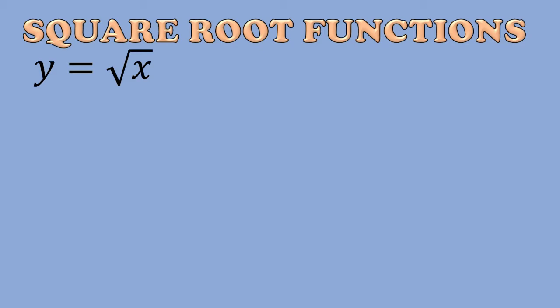Before we graph this function, it's very important to find its domain. The domain of this function is all values greater than or equal to 0, because the square root of a negative number is not defined in the real set.